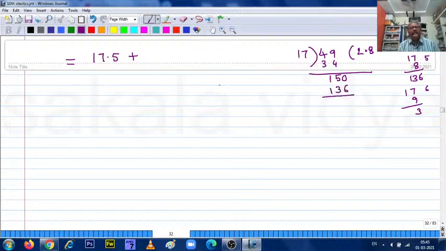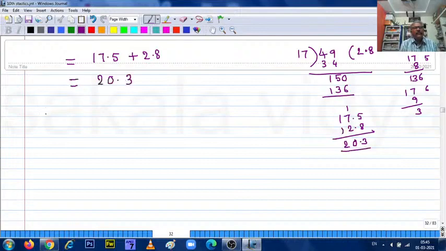So leave it, 2 point is enough, 2.8 write down. Now 17.5 and 2.8 we need to add. 8 plus 5 is 13 and 1, 7 plus 1 is 8 plus 2 is 10, 1, 20.3. So this equals 20.3. Therefore mean equals 20.3. So this is the answer.